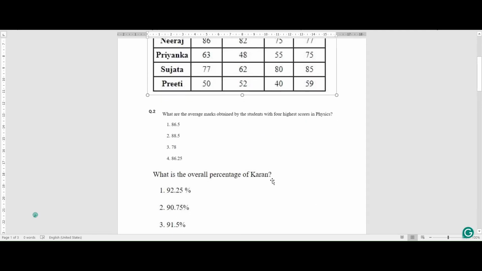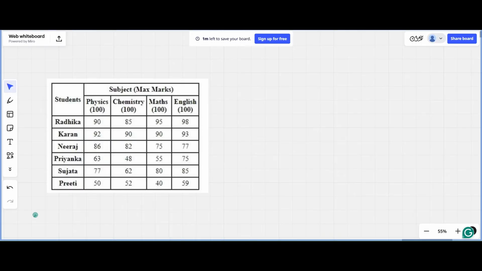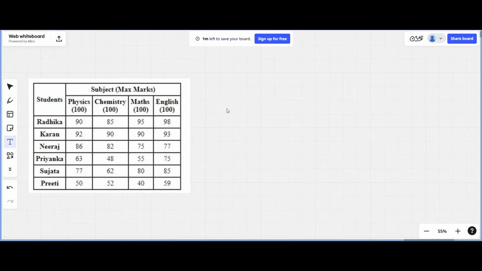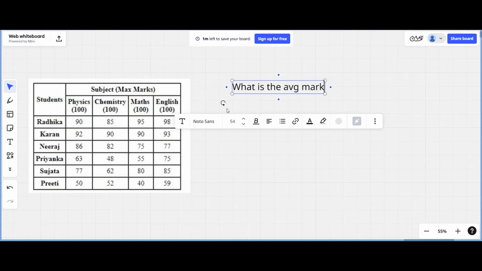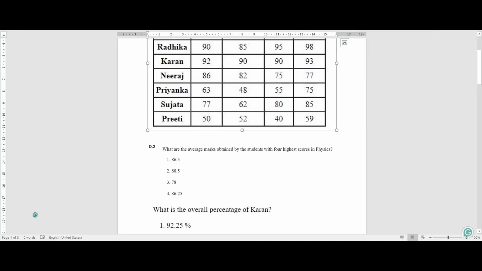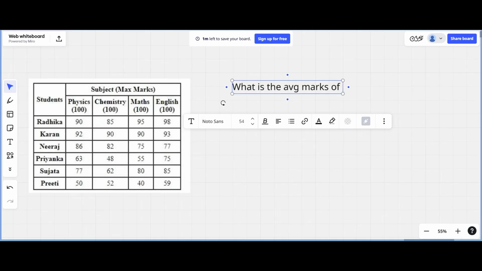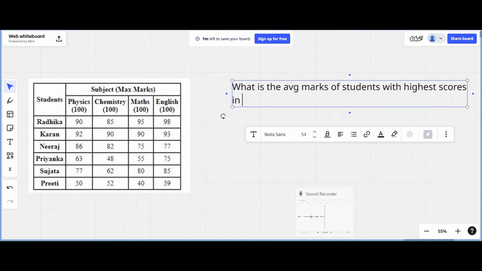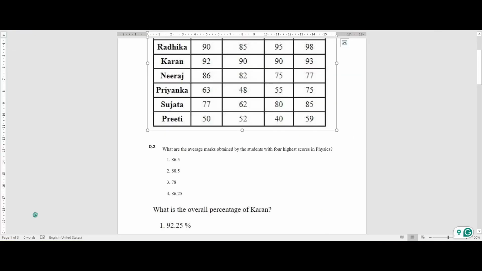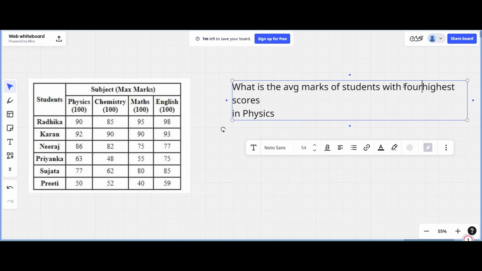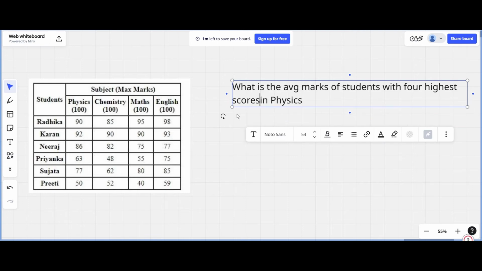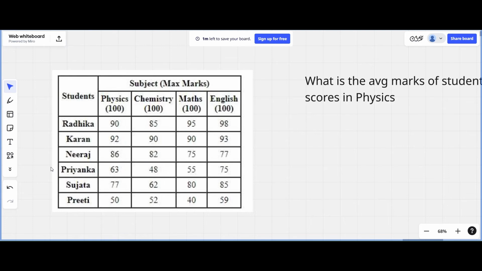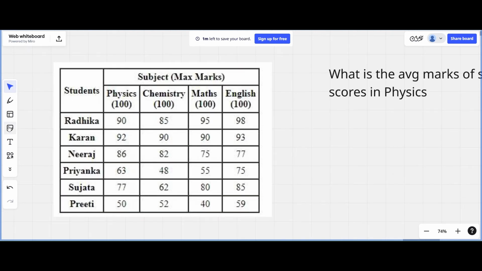The first question is: what is the average marks obtained by students with the four highest scores in physics? Just see physics.